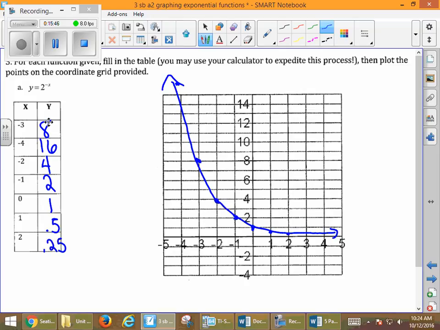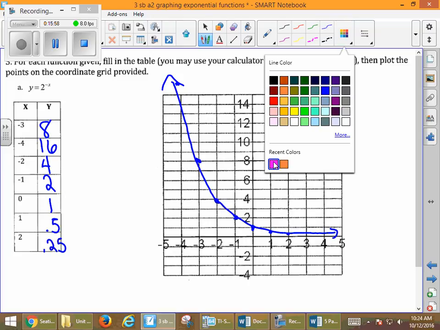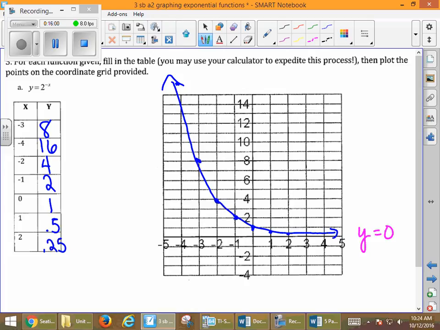And once we get the picture drawn, the question is, do we still have an asymptote at y equals 0? And if we look close here and do the best I can to get it drawn in there, we have an asymptote.